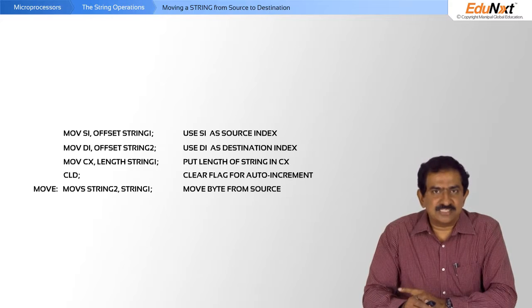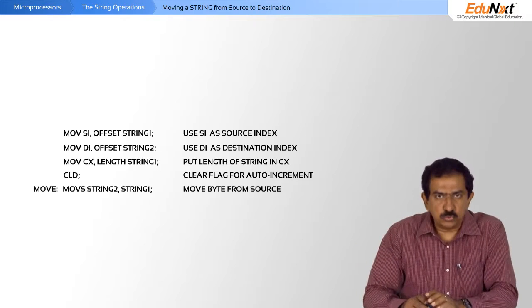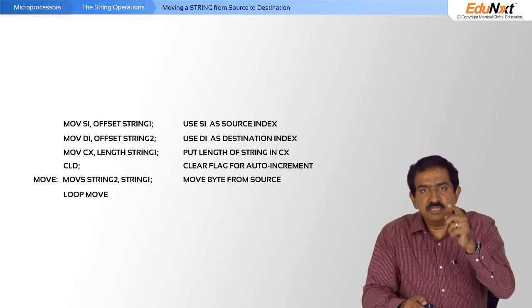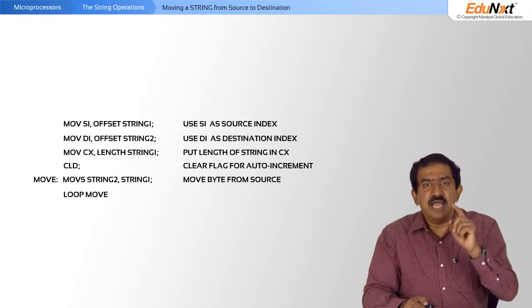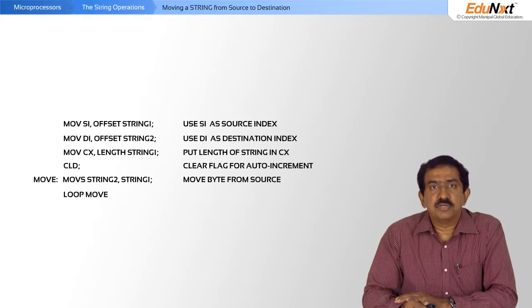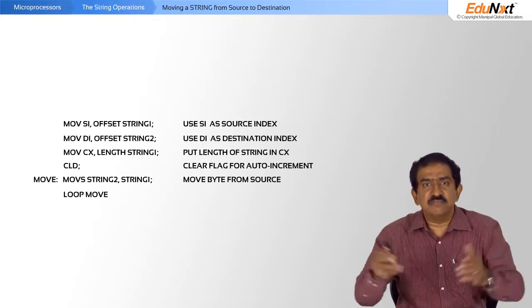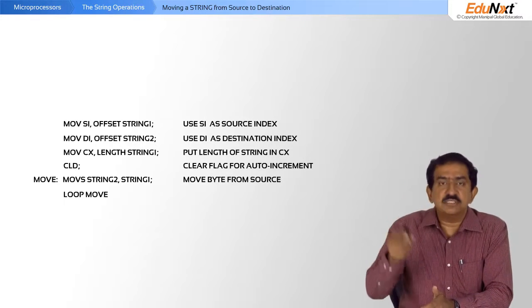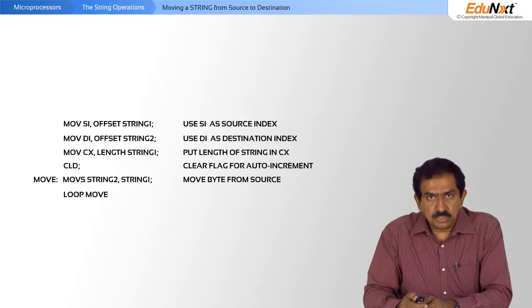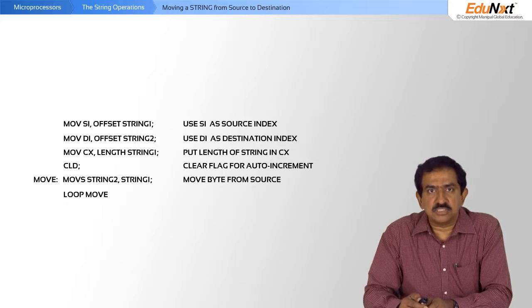So MOVS string 2, comma, string 1, which means basically move from string 1 into string 2, loop back in the direction set by CLD, and wait till CX is 0, and everything is done. And this is a single instruction that can get performed in 4 clock cycles, like every other instruction, and then you just keep repeating this over and over again. Much simpler to program, very easy to debug, and much faster as far as the processor is concerned.